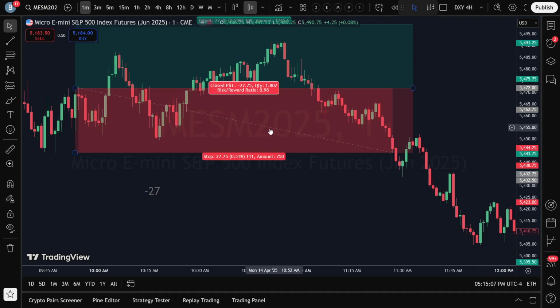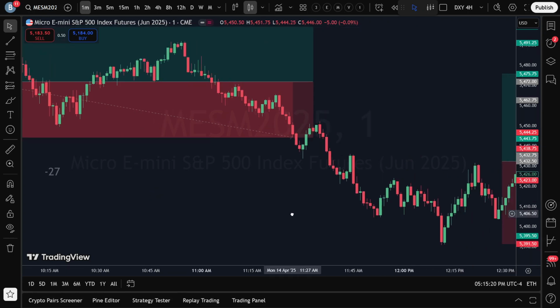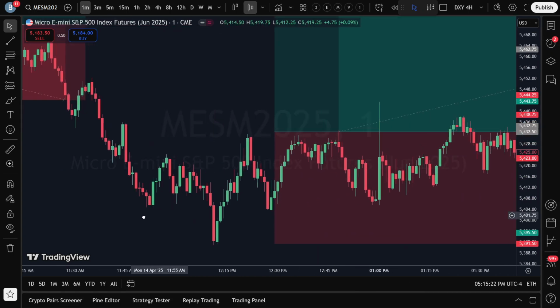In this case, you would have been stopped out on this, and then you would have made money on this trade. But this is just a backtest on a 1-to-1 risk to reward ratio, and we're not going to be looking at that. So that's negative 27 points.